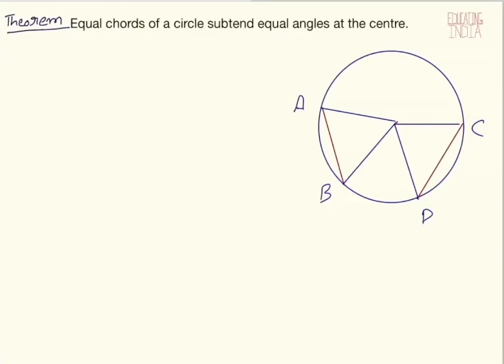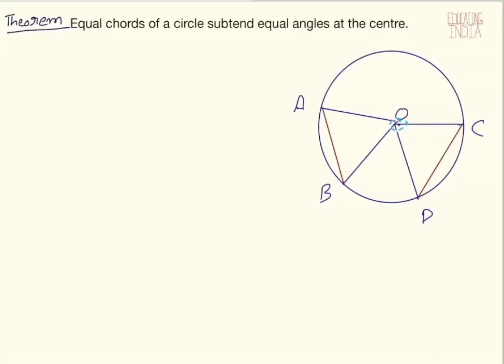Whenever a question related to circles comes, one very important parameter is the radius. Radius is of utmost importance and it will help you throughout most of the questions. Here O is the center of the circle.